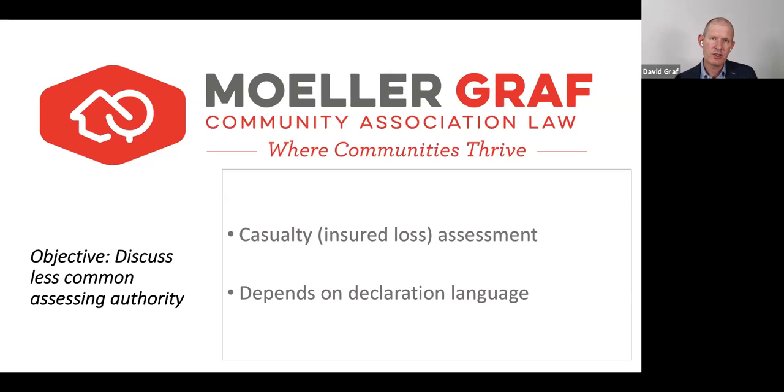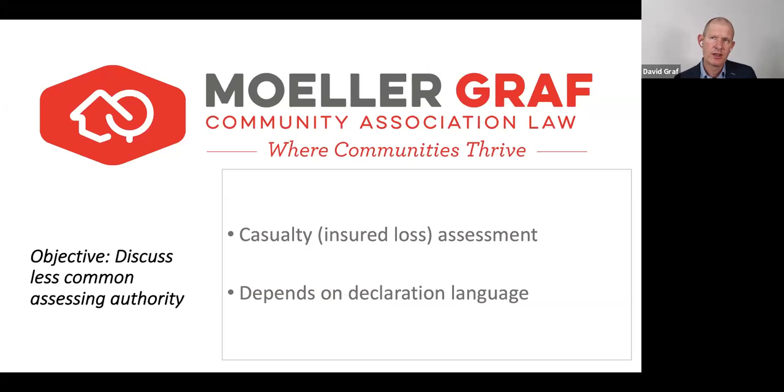Now, the declaration can change that and say the uninsured portion is levied to the owners whose units were damaged in the relative proportion of damage and cost of repair, or it could be apportioned to the owner who caused the problem through their negligent act or omission. So it depends on the declaration language.